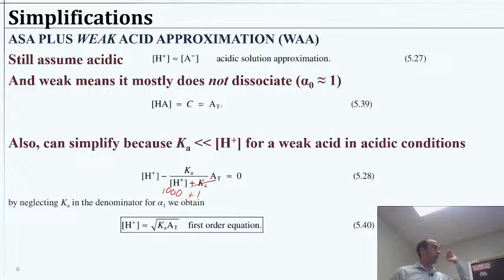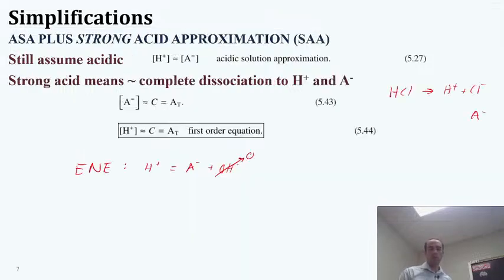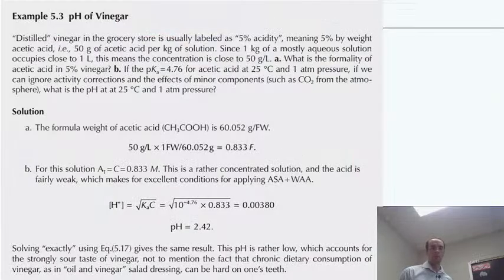But we'll see that we can say that the total acidic concentration should be mostly HA in that form. And so that gives us the approximation here, and we get rid of the Ka down there. What we're left with is H plus should be equal to the square root of Ka times the total concentration. And we know this, and we're given this, right? So that means we can solve just by taking the square root of the product of those two.